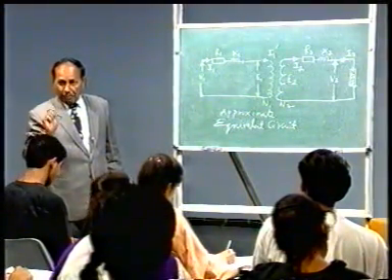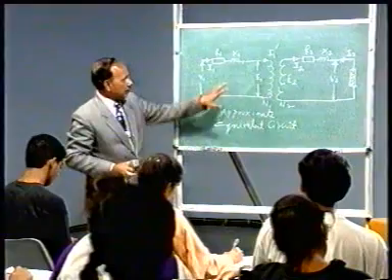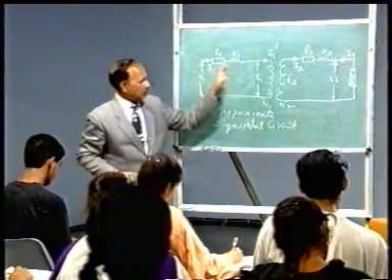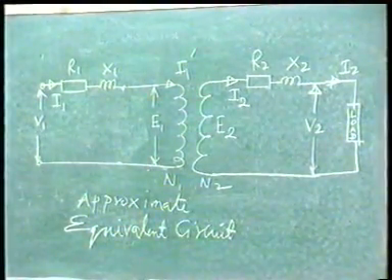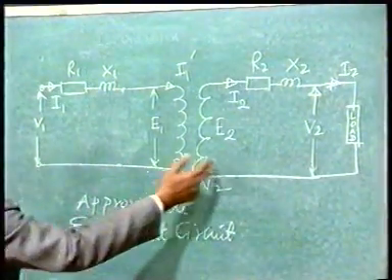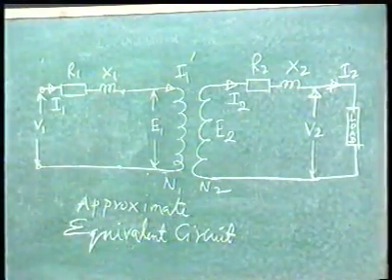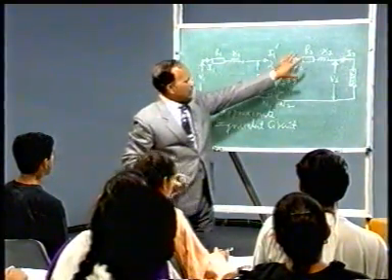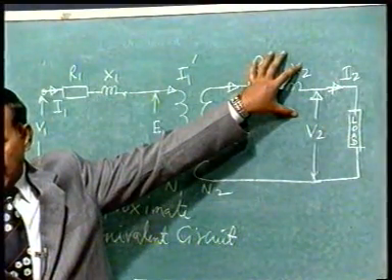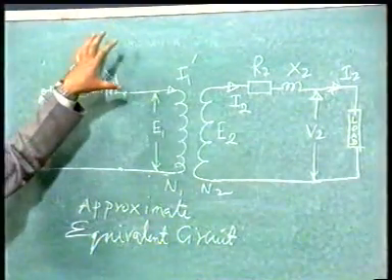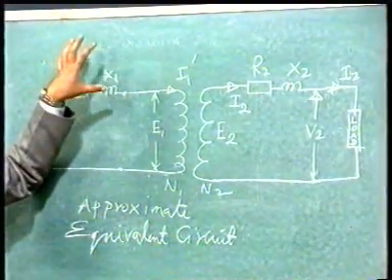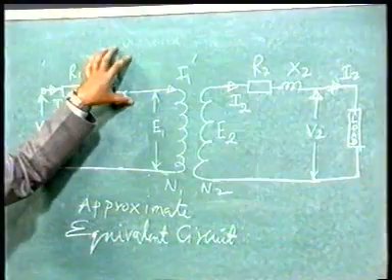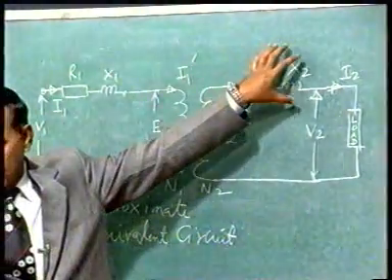You have made some little approximation by removing the parallel branch, but now this circuit becomes very simple. Now still it is two circuits. Now this circuit can be made into a single circuit provided the quantities of the secondary side are transferred to the primary side, or the quantities of the primary side are transferred to the secondary side.